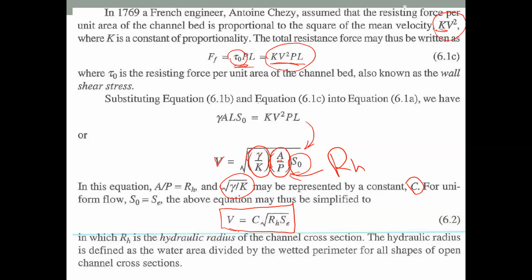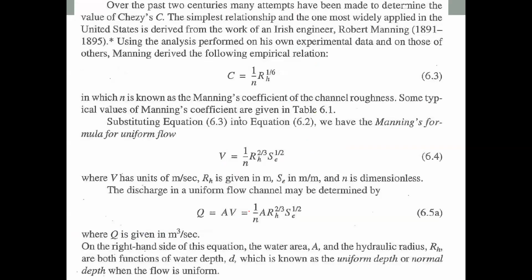But unfortunately, he was unable to use it because this C was not easy to find out. So later on, Manning did some further research and found that this C coefficient can be written like this, as a function of, again, the hydraulic radius. And there is another parameter here called the Manning coefficient.